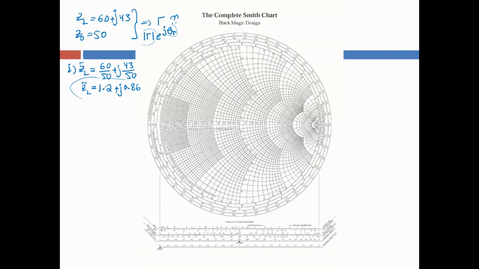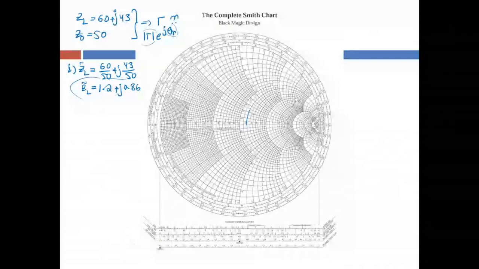Okay, so then I go over here on the chart to determine the intersection of 1.2 and 0.86. So this is 1.2. Do you see it?